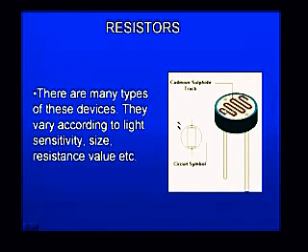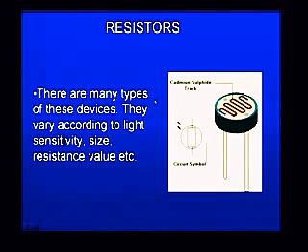I have shown you this construction of a light dependent resistor. You see this is the cadmium sulfide portion, and you can see the circuit symbol is the normal resistor symbol with a circle and external arrows showing the light falling on them. The circle shows that they are conditioned by some parameter, in this case the light.